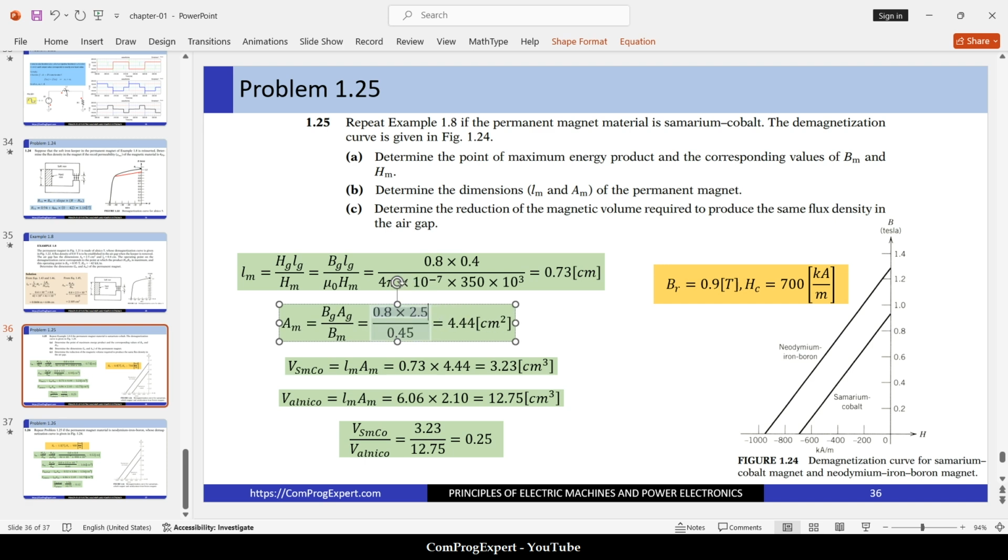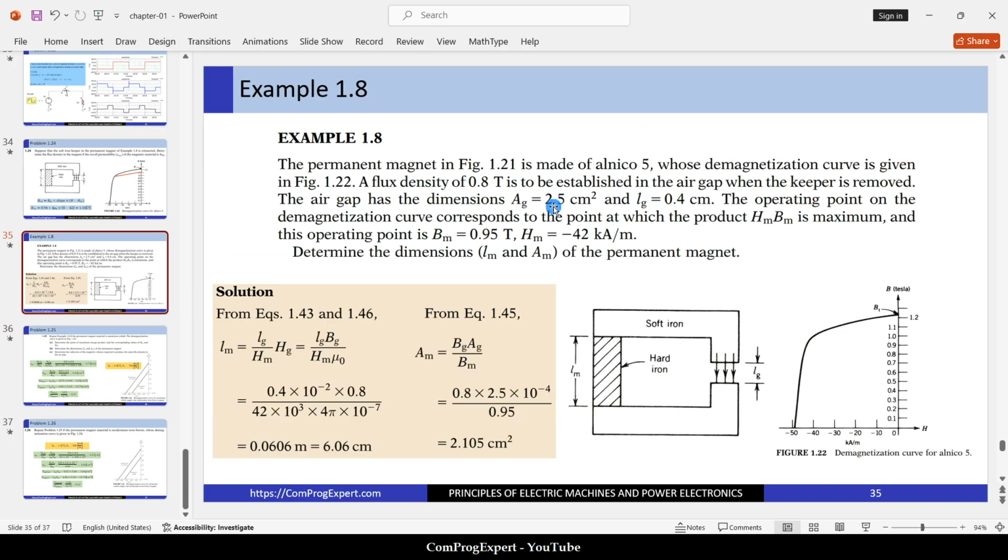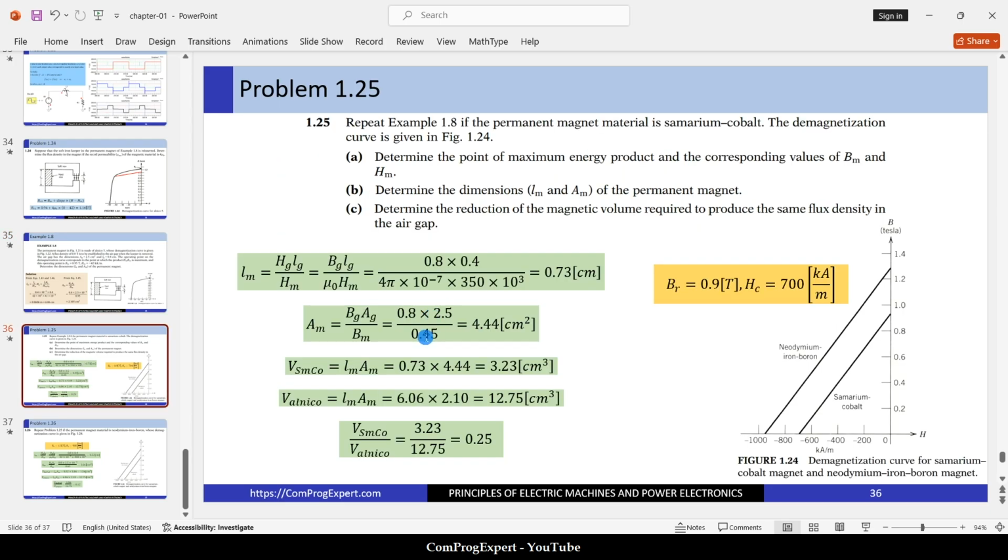But here, because I considered this unit centimeter square, the unit of the A gap must be the same as the unit of the magnet cross-section area. Here, the A gap is 2.5 centimeter square.